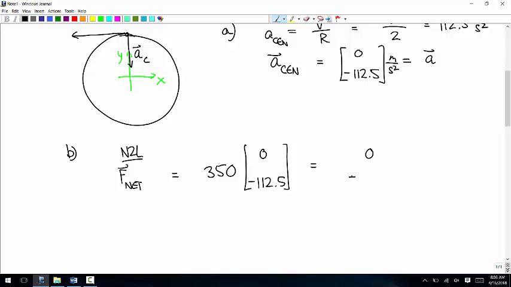Okay, so 0, negative 39,000? Wow, that's a lot. Well, that's a heavy motorcycle, and it has a lot of acceleration because I made the radius really, really small on that circle. Okay, so that's the net force. Still, we haven't broken it up into individual forces.